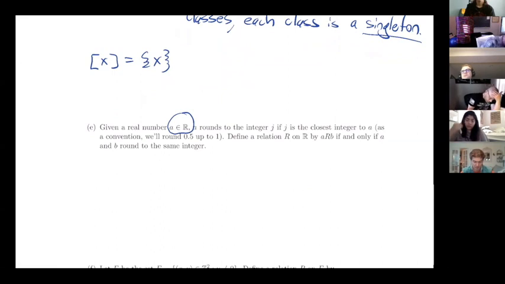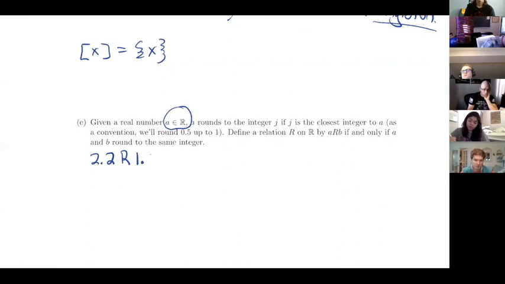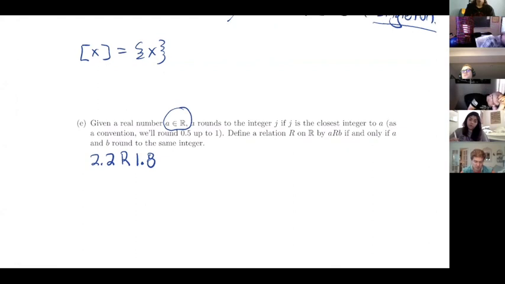So for example, we could say 2.2 is related to 1.8, since when we round both of those, we get 2. And by that same token, 2.2, for example, is not related to 2.5.